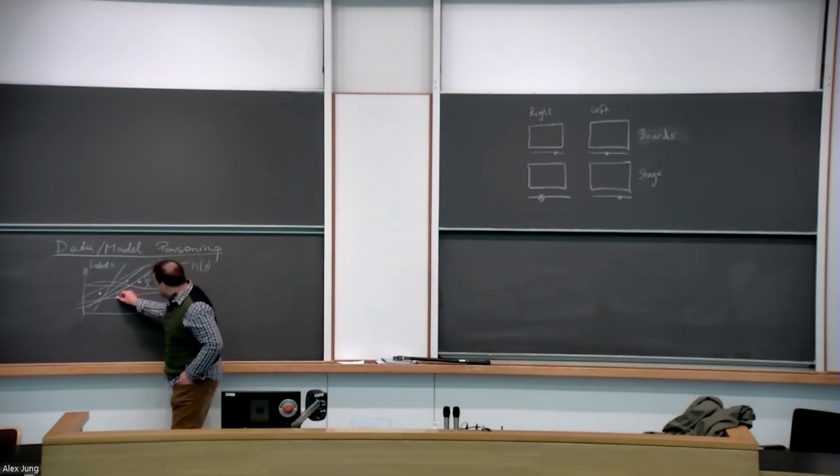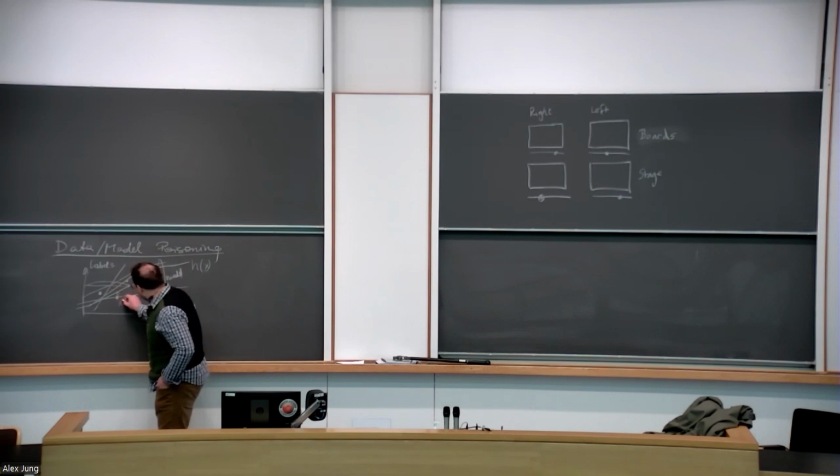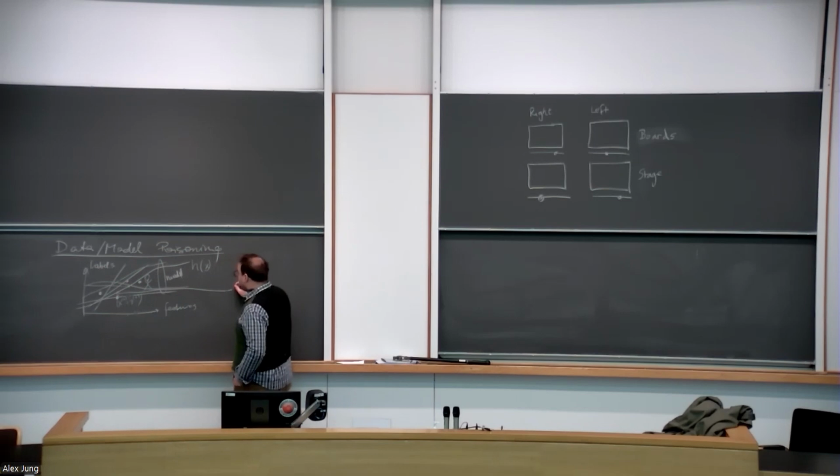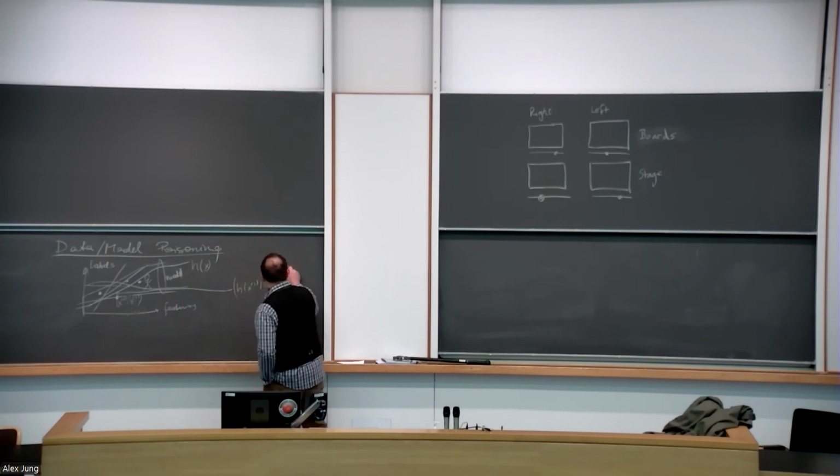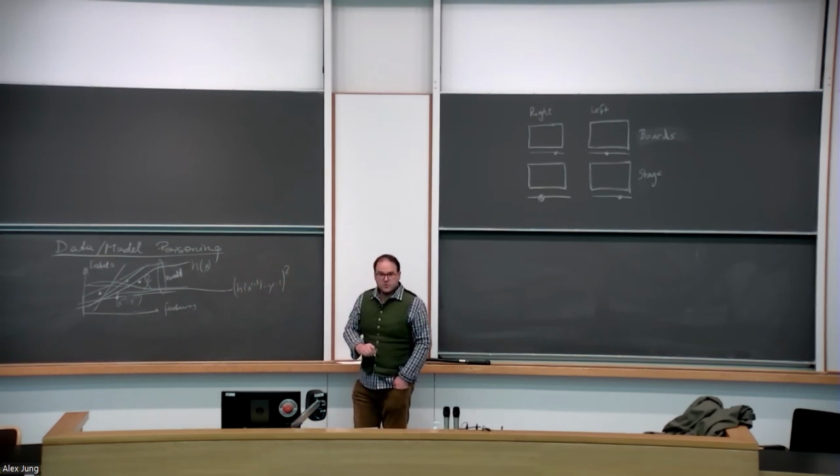For this data point, the features are xi, and the label is yi, and here we have the difference. So the prediction error is h of xi minus yi. Then we could use the squared error, for example, or what else could we use?